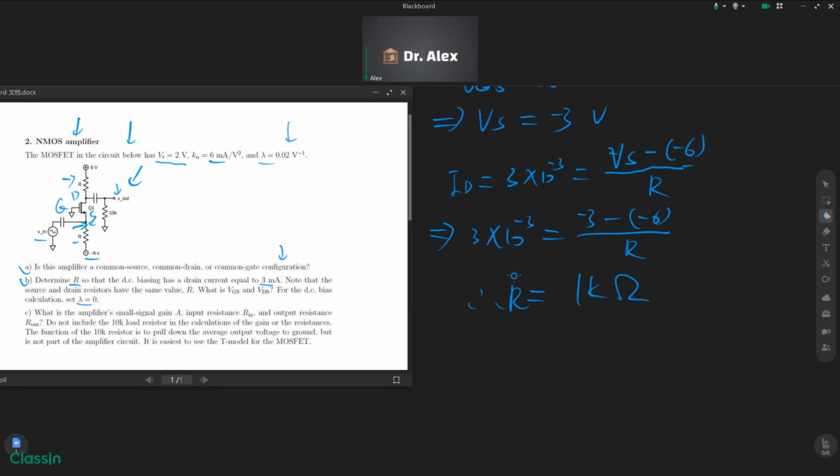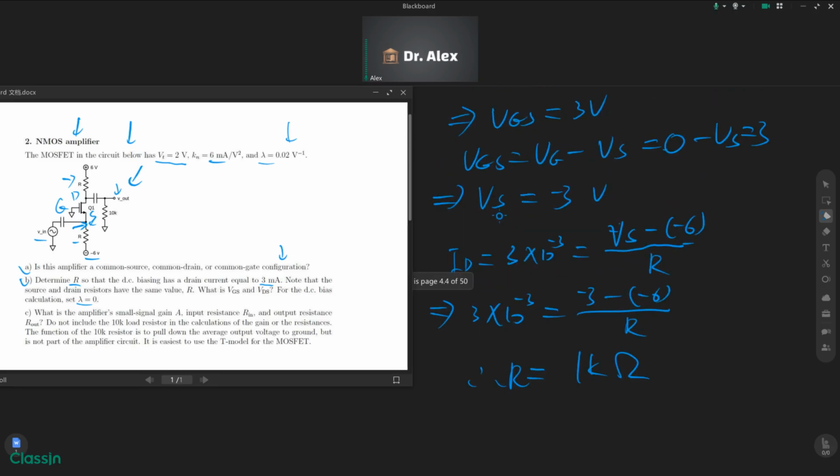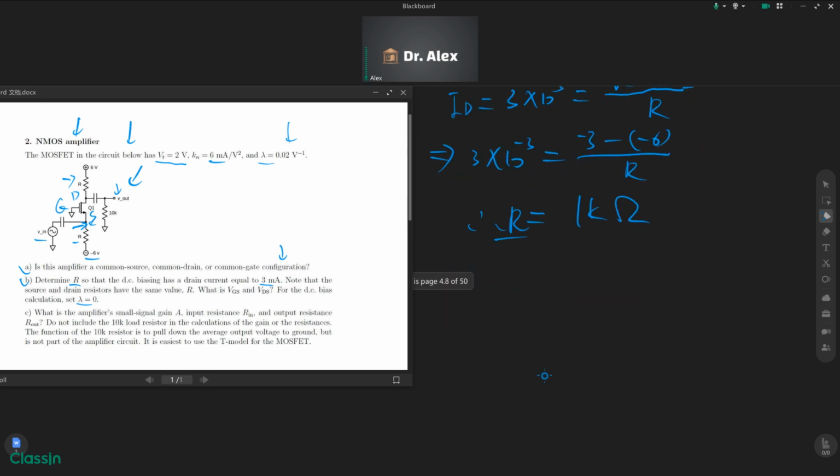So presently we have VS, which is -3 volts, the value of R, which is 1 kilo ohm, and the potential at the drain is calculated by VDD subtract ID times R, which is 6 subtract 1 kilo ohm times 3 milliampere. The kilo is cancelled by the milli, so it's 6 subtract 3, which is 3 volts.